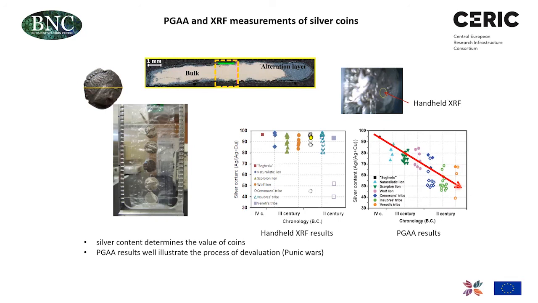That was the proof of ancient inflation. Subsequent emperors or tribes tendentiously diluted the silver coins with copper and made them, let's say, cheaper in value. And that was the first evidence of ancient inflation.